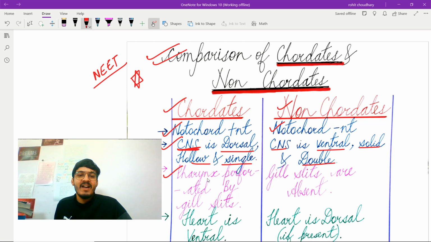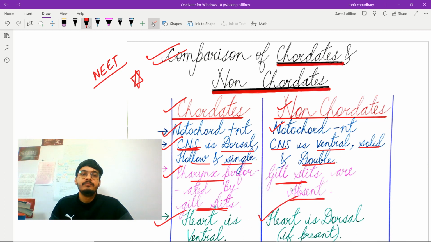In chordates, the pharynx is perforated by gill slits, but in non-chordates, gill slits are totally absent. As we can see, the characters are completely opposite. In chordates, the heart is ventral, but in non-chordates, if the heart is present, it will be situated on the dorsal side.